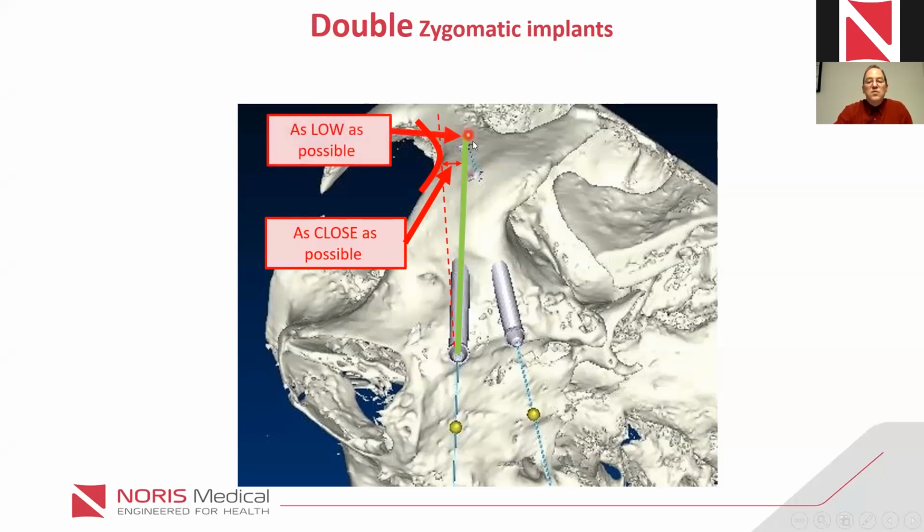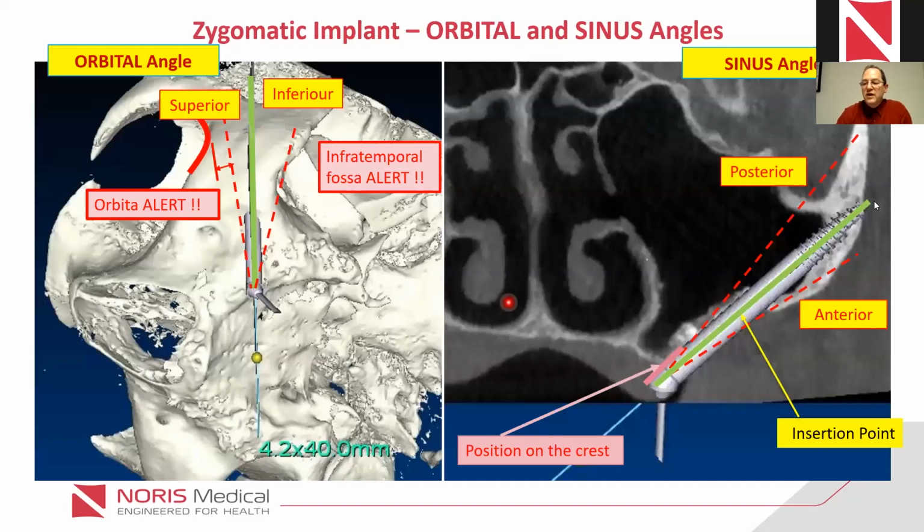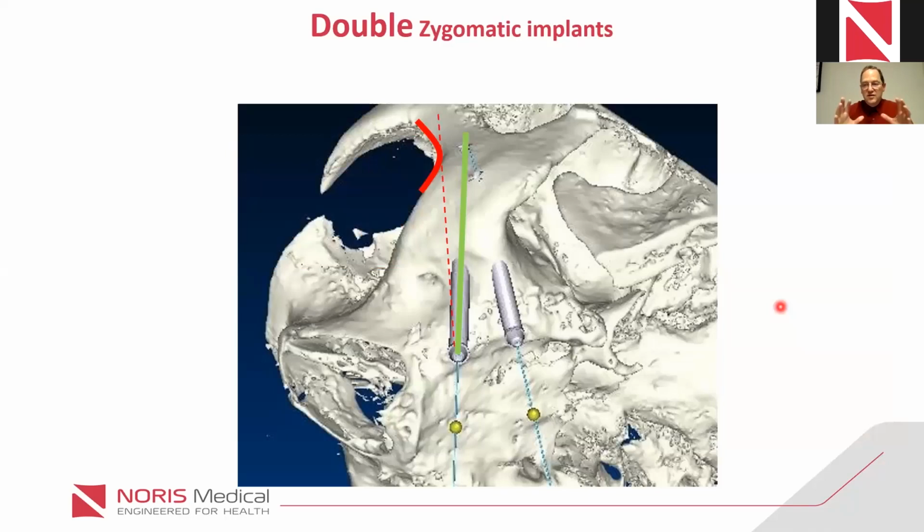We also want the apex of the implant to be lower, inside. If I go back to the last slide, we want the apex here to be inside to leave enough bone for the posterior implant to be above it. This is in general I'm speaking.